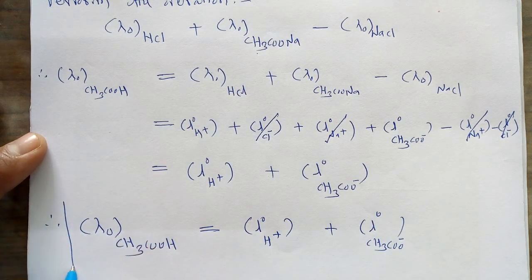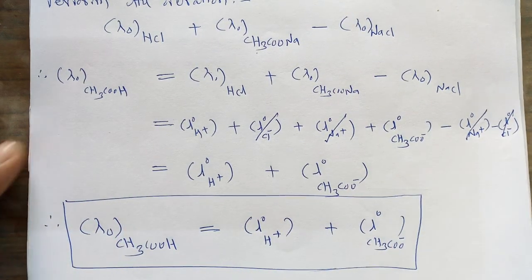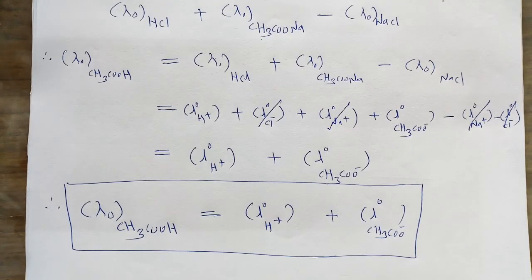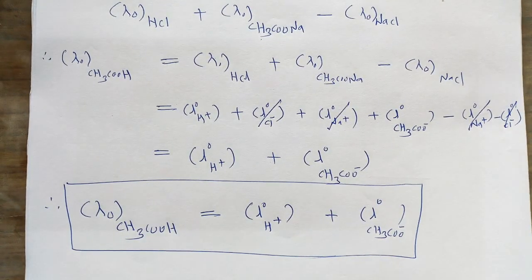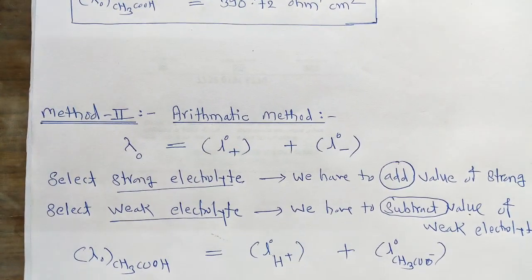So this is a simple method called the arithmetic method for the calculation of equivalent ionic conductance at infinite dilution, especially for weak electrolytes. This method consists of a very simple assumption that we consider both electrolytes as strong electrolytes, not weak electrolytes.